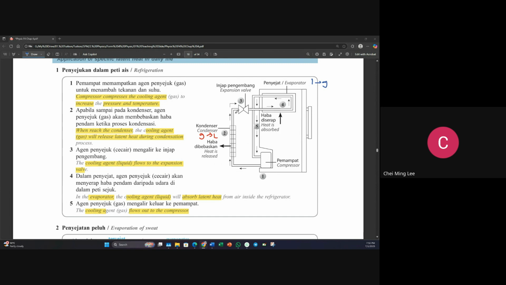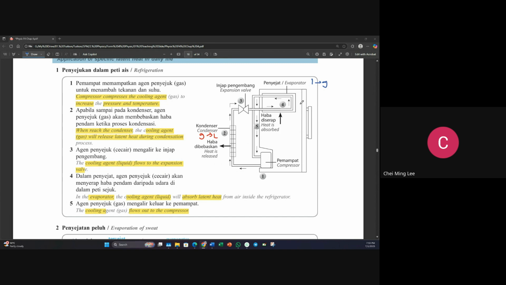Then from the expansion valve, it moves to the evaporator, where the cooling agent will absorb the heat from the evaporator, which is your refrigerator, the place where you put your cheese, maybe your Coca-Cola, the chilling zone.